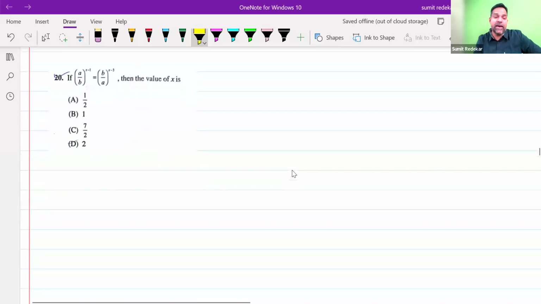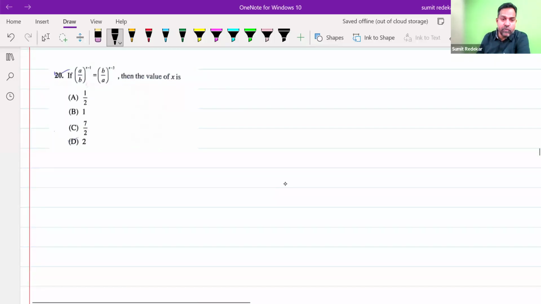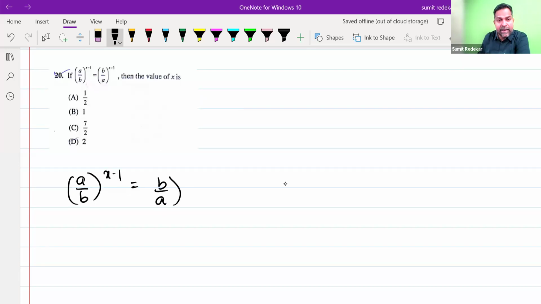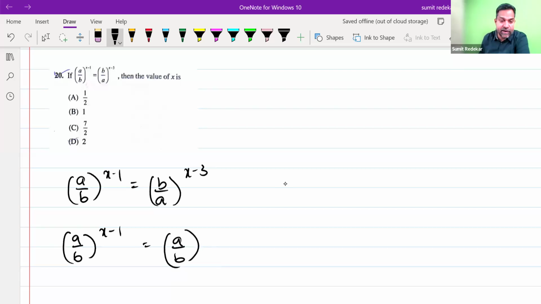Moving on to the last question. This is literally a question that is in our sheets in the exact numbers. And the question is (a by b) raised to x minus 1 is (b by a) raised to x minus 3. To make them the same, I need to flip one of those, but I will flip it only to make sure that I nullify the effect.